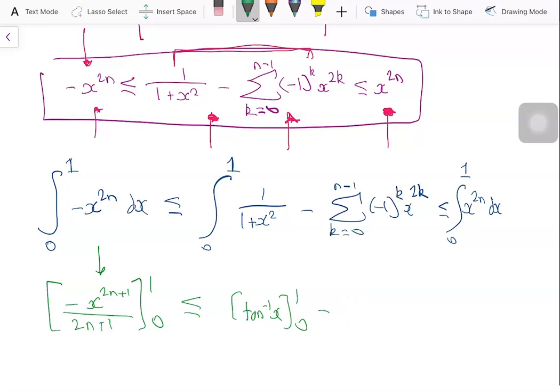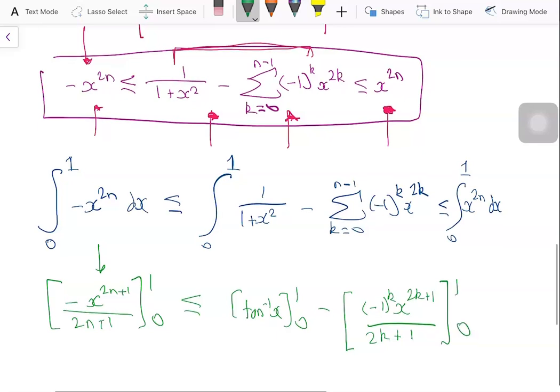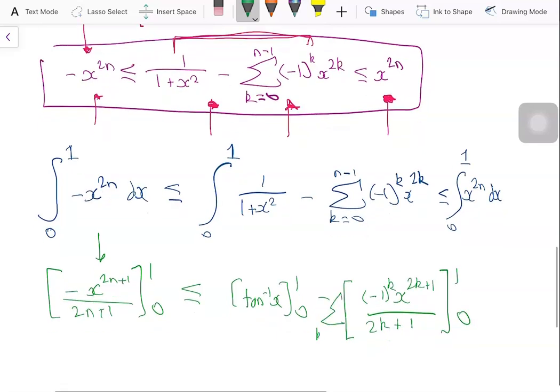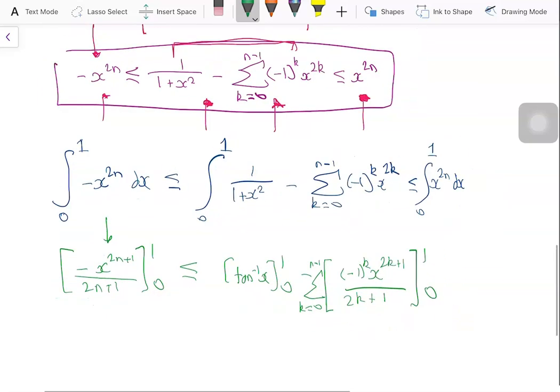So for each term we have x to the 2k plus 1, negative 1 to the k, divided by 2k plus 1, and each of these are from 1 to 0. This is summing from k equals 0 to n minus 1. The right hand side will be x to the 2n plus 1 over 2n plus 1 from 1 to 0.